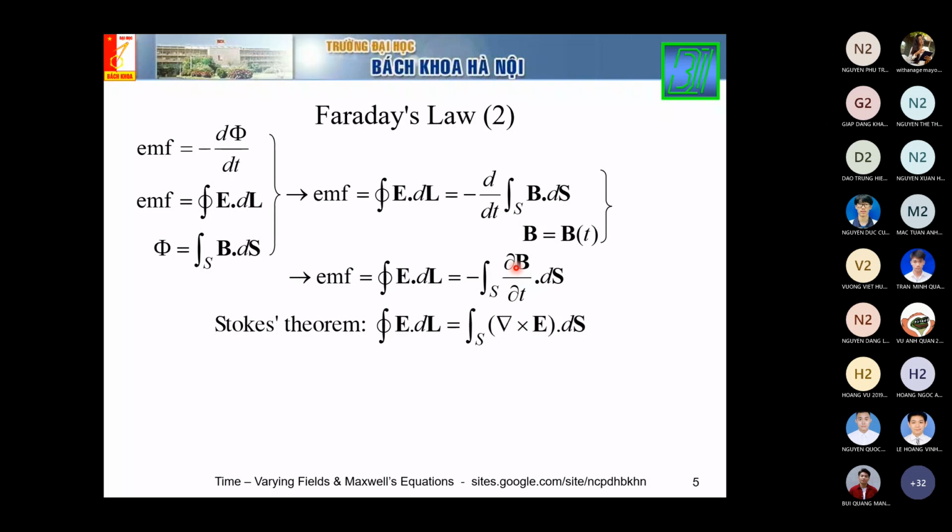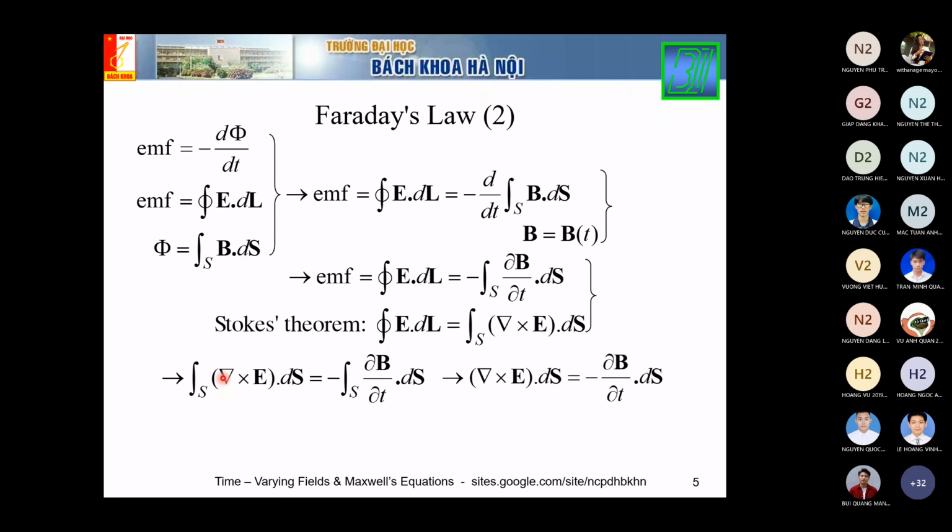So the left side must be equal to the right side. Both are surface integrations, so the two expressions under the two integrations must be the same. We can remove ds from both sides, and finally we come to Maxwell's equation for time varying fields.